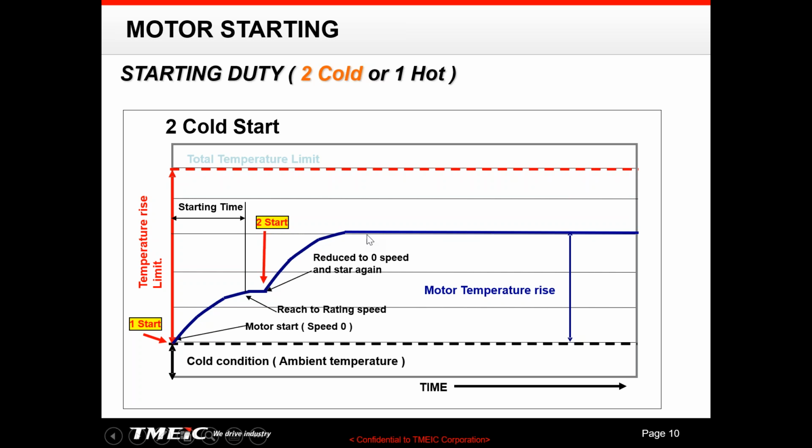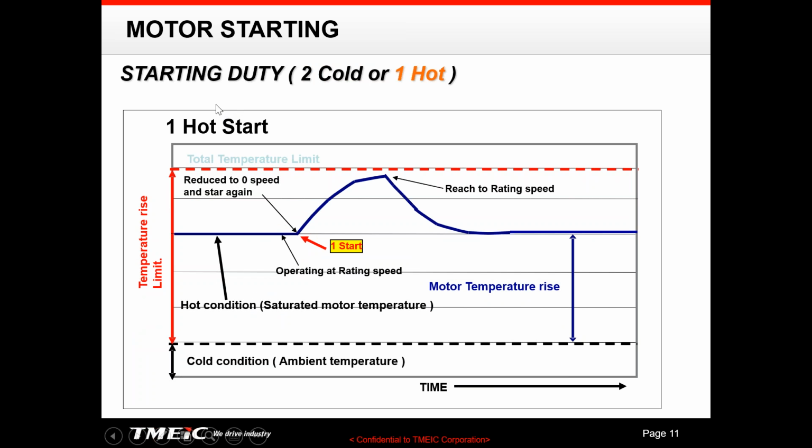That's the second start. If that was a successful start, the motor temperature will be stabilized within the black dot or red dot range. That's what two cold starts means.